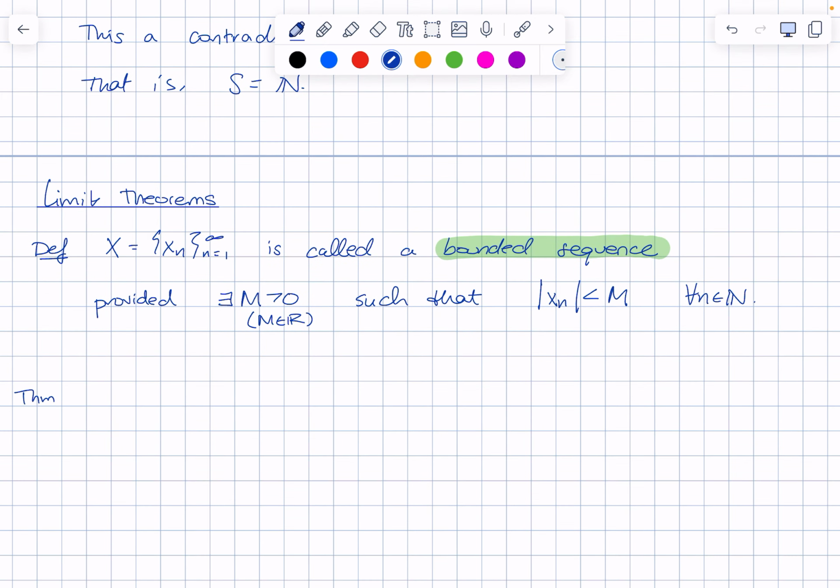So let's prove our first theorem in this section. A convergent sequence is bounded.